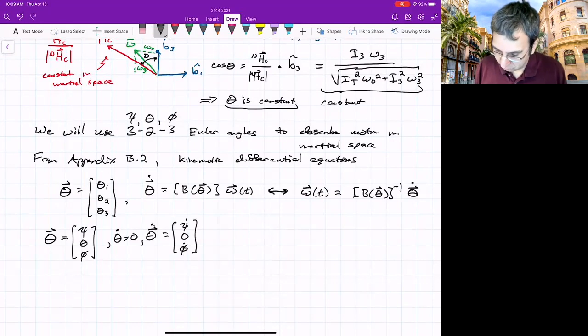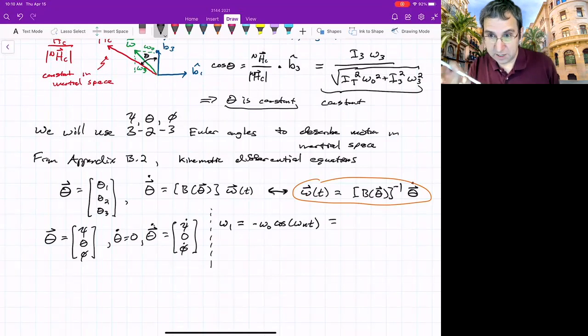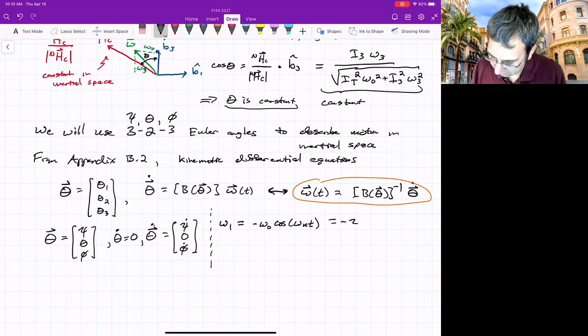So what we'll end up with, well, we'll use this one. And what do we get? We'll get that omega 1 equals negative omega naught cosine omega n t. And then the right-hand side with this B inverse times the Euler angle rates, just look it up, ends up being negative psi dot sine theta cosine phi.